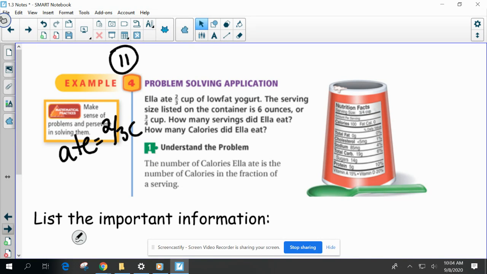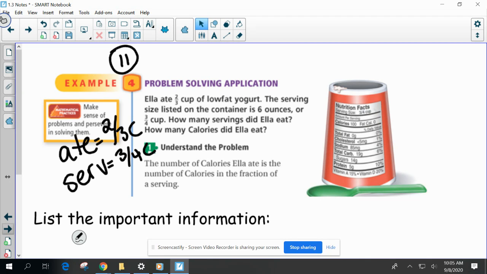The serving size listed on the container is 6 ounces or 3/4 of a cup. Since we already are talking about cups, I'm just going to do the cup version of the serving, because we're not going to go 2 different measurements, right? So the serving is listed as 3/4 of a cup. How many servings did Ella eat, and how many calories did Ella eat?